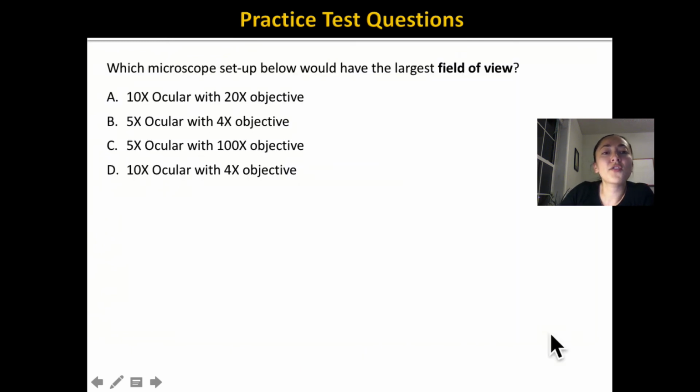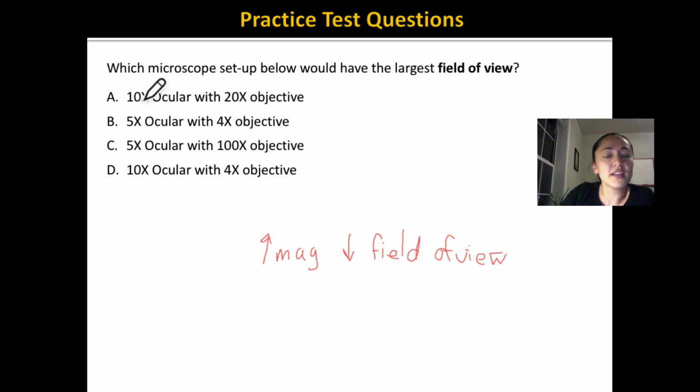Next it says, which microscope set up below would have the largest field of view? Well, let's remember it's an inverse relationship again. If we look over here, we first got to figure out what the total magnification is. When it says 10x ocular, that just means that the eyepiece has 10 times magnification. The objective has 20 times.